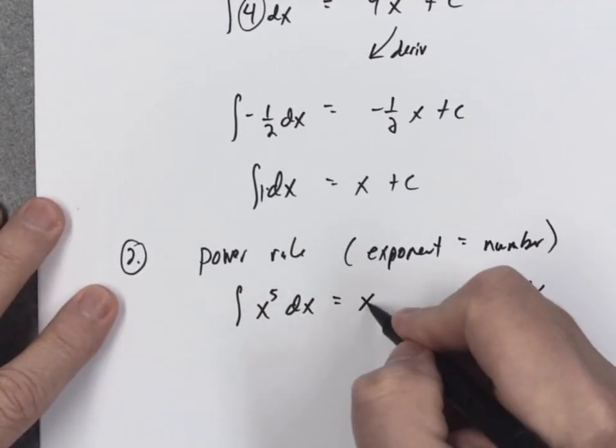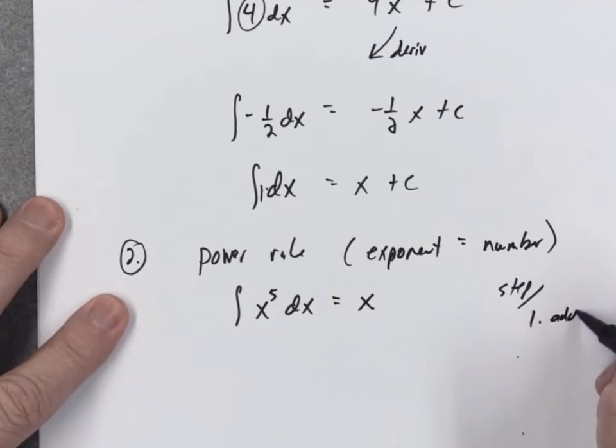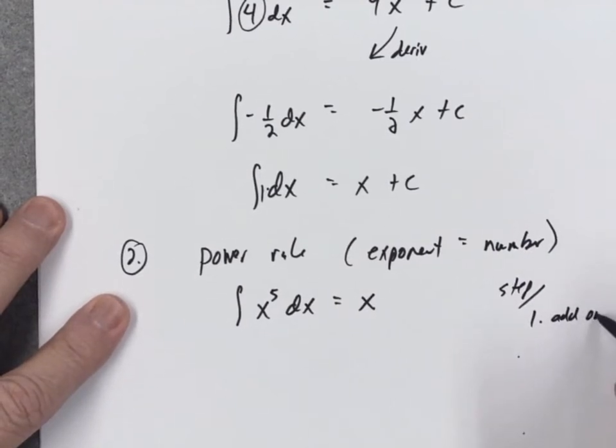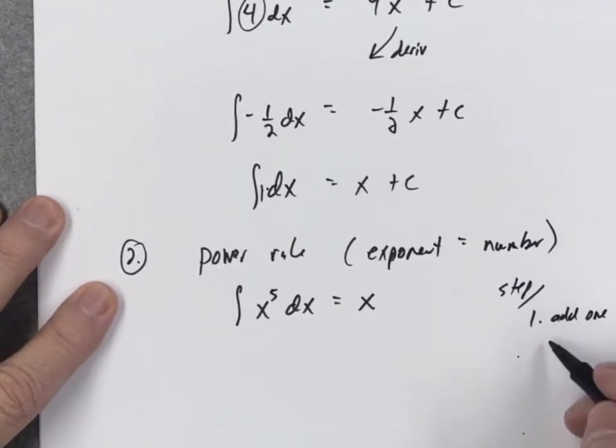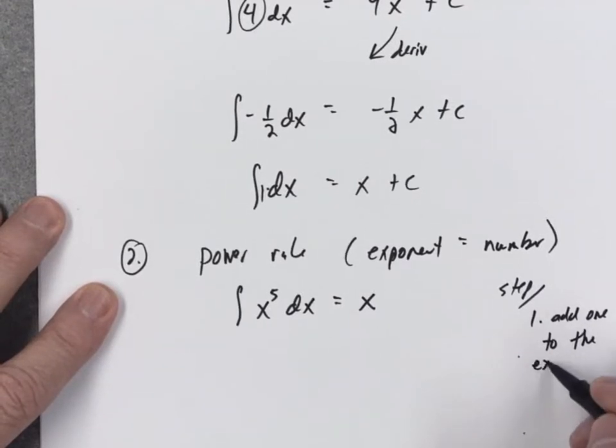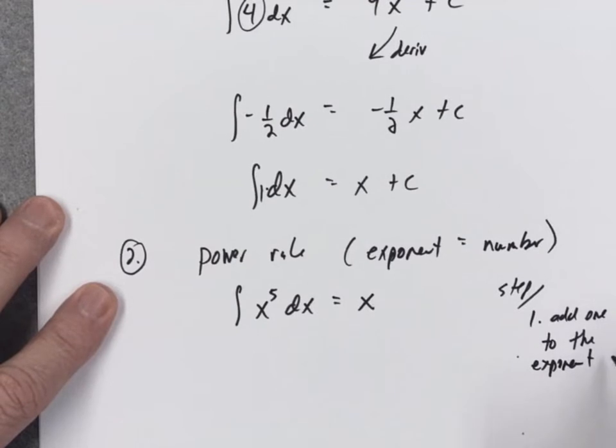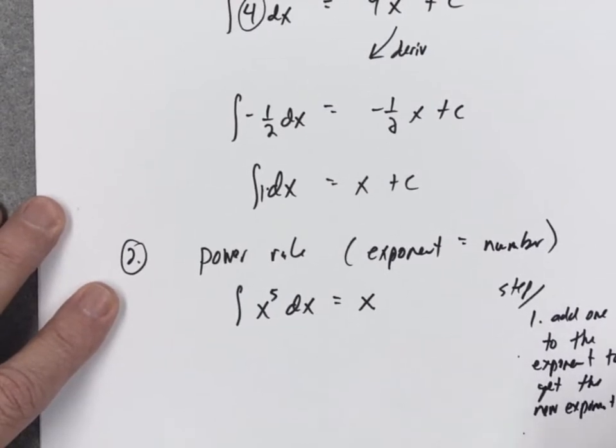Write down your variable, then you add 1 to the exponent to get the new exponent.